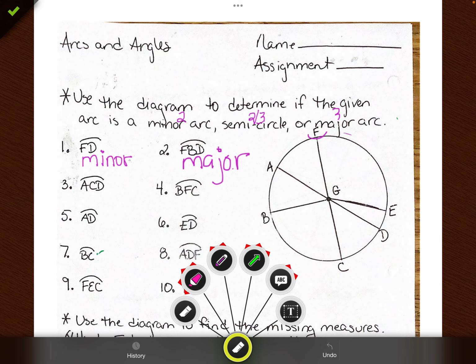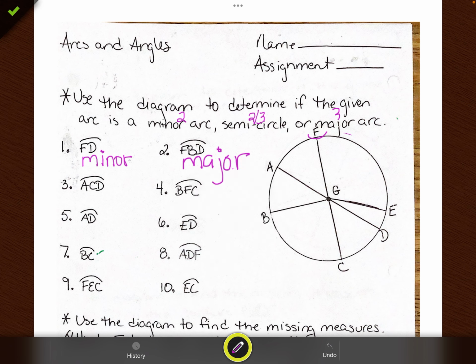So now we're going to look at ACD. So A to C to D, again, shortest distance from A to C would go this way, and then to D. So we're looking at this piece of our circle. Three letters tells it's a semicircle or a major arc. To determine, you look, it is a semi. And that's what we would write.